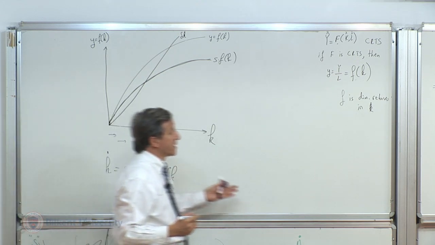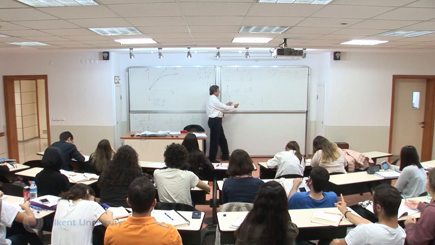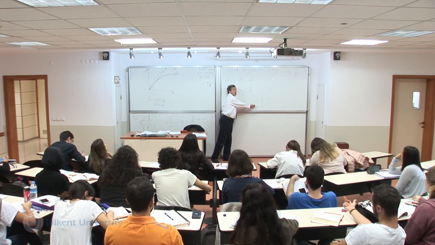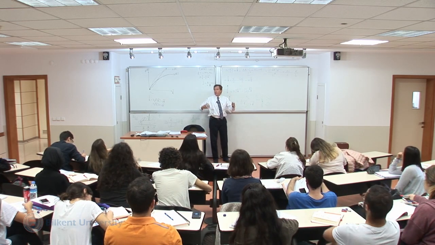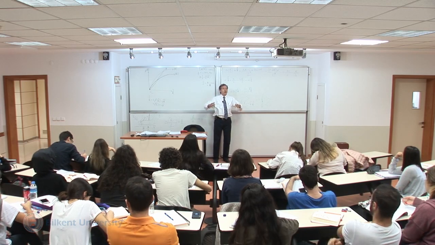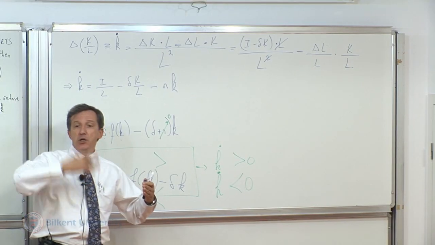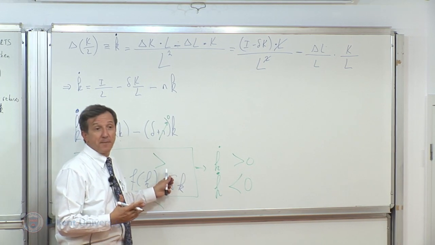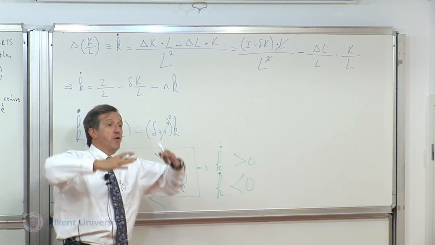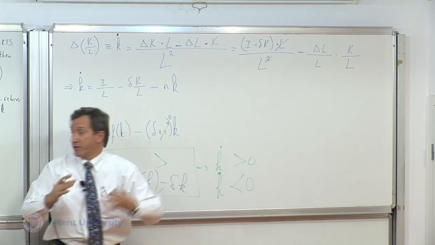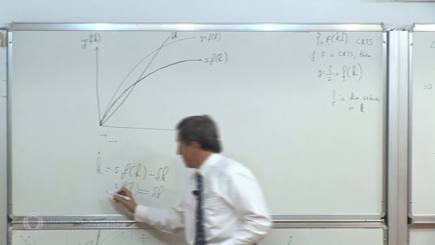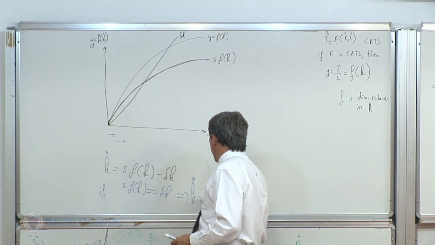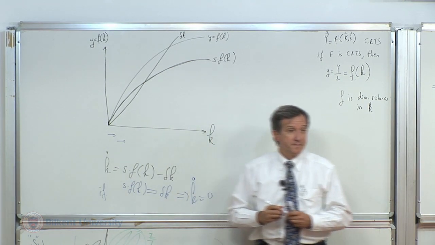What does it mean, this being equal? It means investment per labor is equal to depreciation of capital per labor. So you are simply adding new investment to replenish the amount of depreciation. So there is no further increase in machines. There is no deterioration. So if this is true, then trivially, k dot is 0.